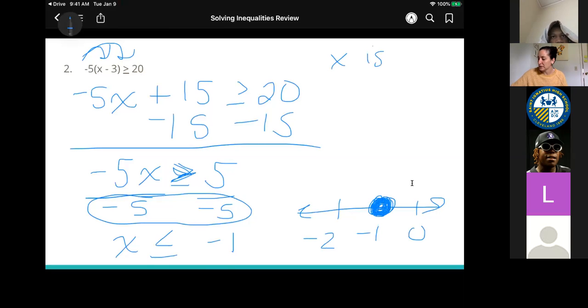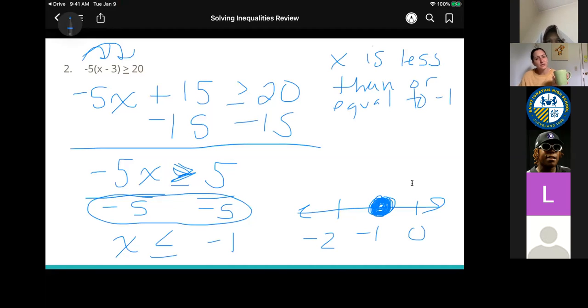X is less than or equal to -1. All right, Luke, am I going to shade towards the -2 or towards the 0? We'd shade towards the 0. Towards the 0 would be those numbers that are bigger than -1.